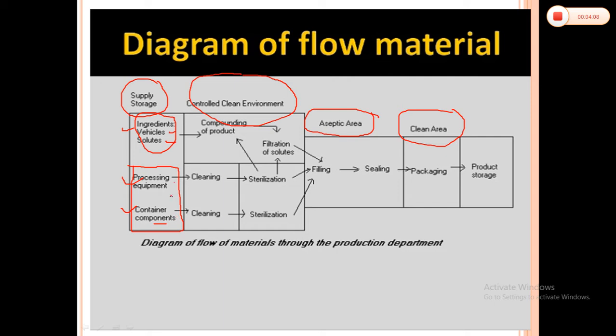All the equipments and supplies introduced into the aseptic filling area, which is the aseptic area, we'll discuss the types of area later on. Just let me outline what process basically takes place in sterile manufacturing.